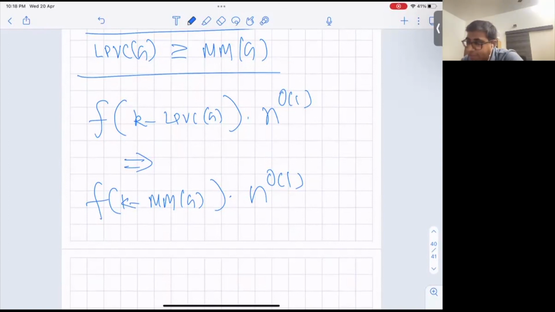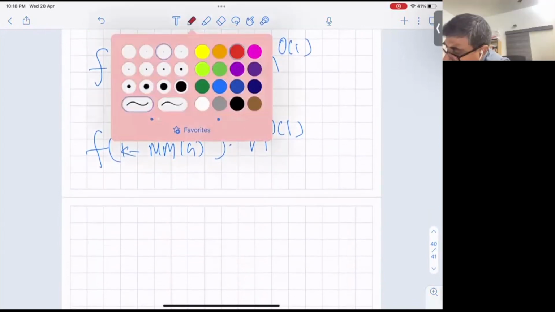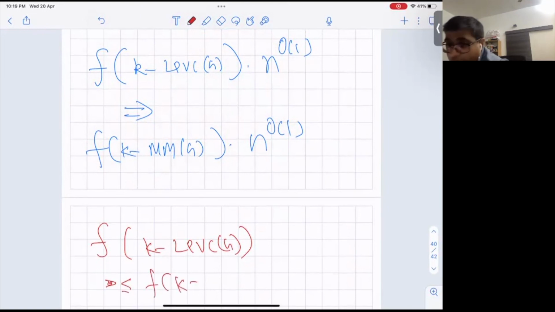So if we had this algorithm, as I always tell you, I'm only asking a very simple question. The running time is upper bounded by f(k - LPVC(G)), where LPVC(G) is a larger quantity than the matching.